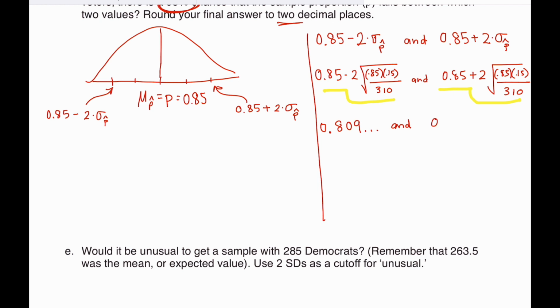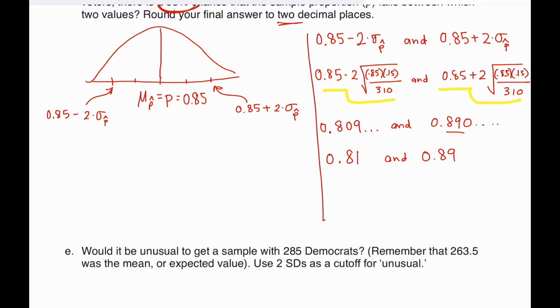And for the upper value using my calculator, I can stop there. So my final answer rounded would be 0.81 and 0.89. So those are the 95% of my values. Sample values will lie between 81% and 89%.